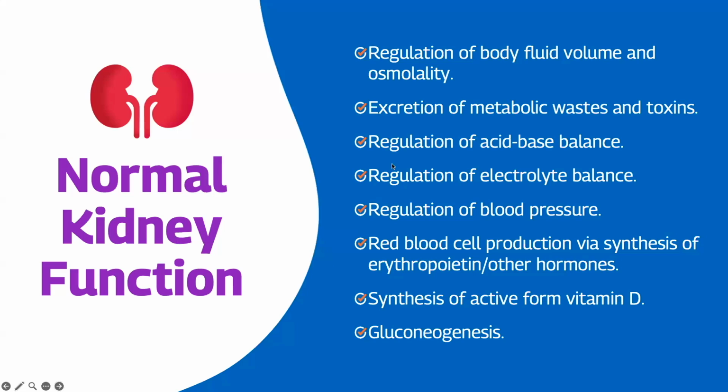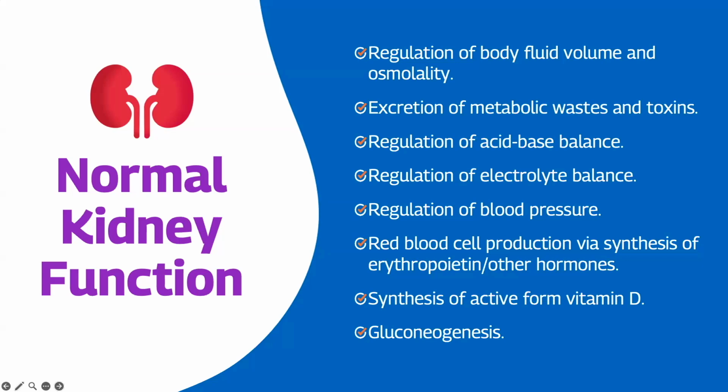Let's begin with a quick review of normal kidney function. We know that the kidney performs many functions, but it definitely removes waste and extra fluid. Other functions include that the kidneys regulate body fluid volume through osmolality.